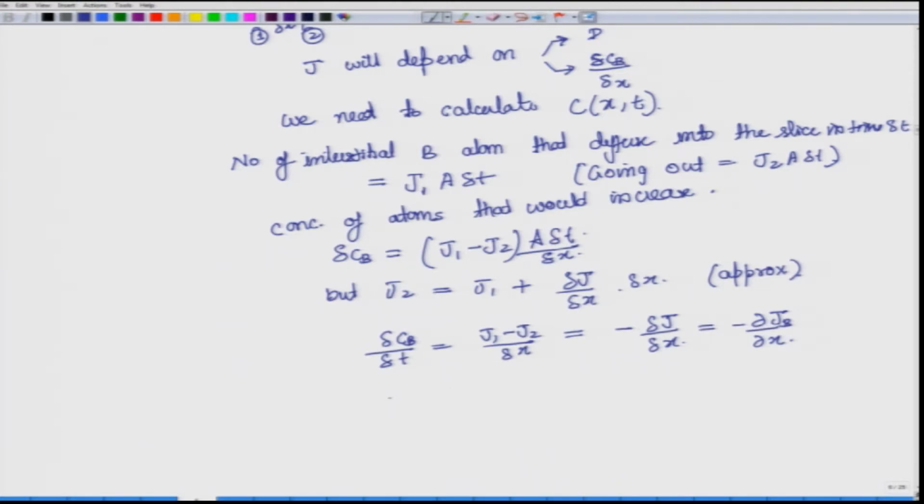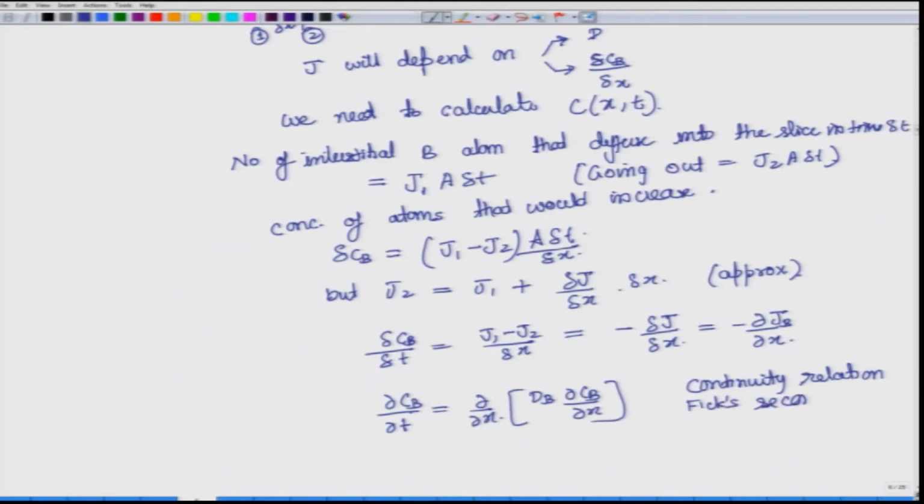Or in other words, del C_B by del t is equal to del by del x of, instead of J_B we will put the relation we already know from the first law, which is D_B del C_B by del x. Now, this is what is called the continuity relation, which is also commonly known as Fick's second law.